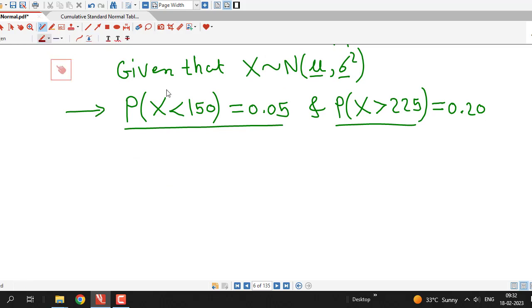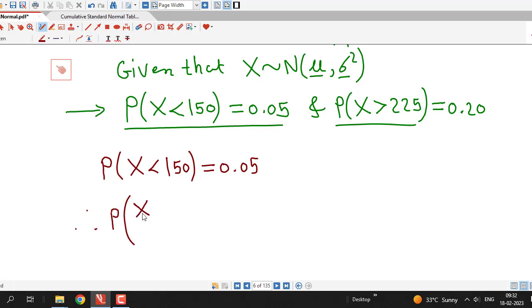So we start with this probability that capital X less than 150 is 0.05, and we standardize this random variable capital X. We subtract mean mu and divide by standard deviation, assuming that standard deviation is non-zero.